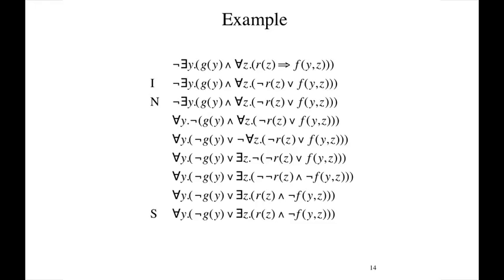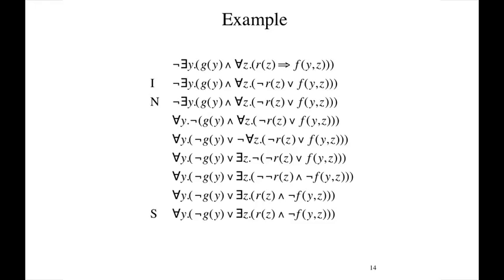We then distribute the negation over the conjunction, leading to a disjunction of negated disjuncts. We distribute the negation in the second disjunct over the universal quantifier, flipping it to an existential and negating the target. We distribute that negation over the disjunction, and finally we eliminate the double negation.